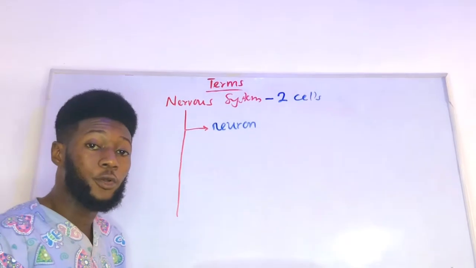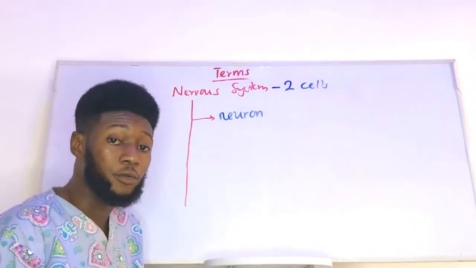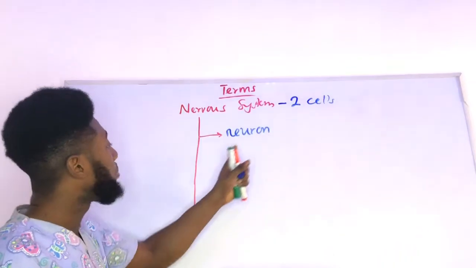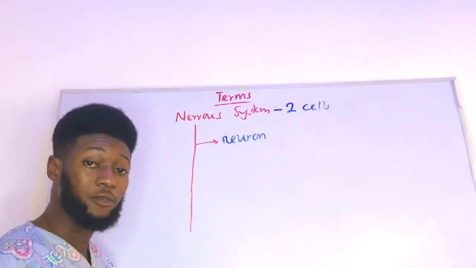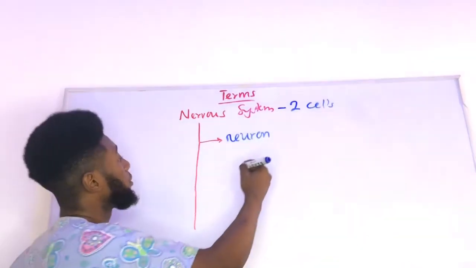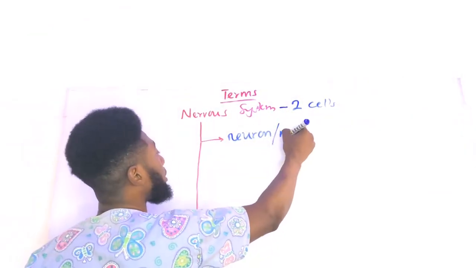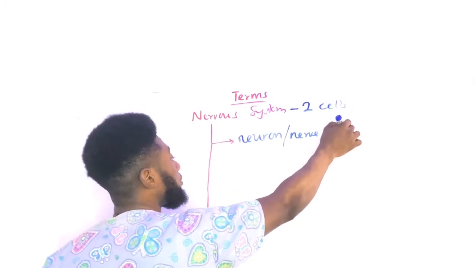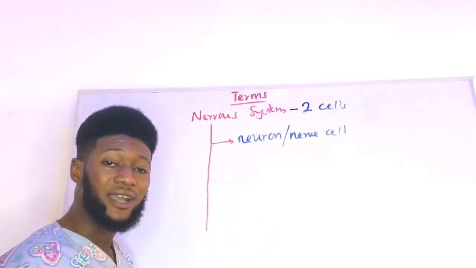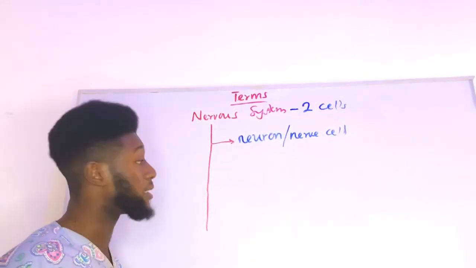So neurons are a collection of these cells, right? A neuron is also called a nerve cell, and also a conducting cell, the same thing.